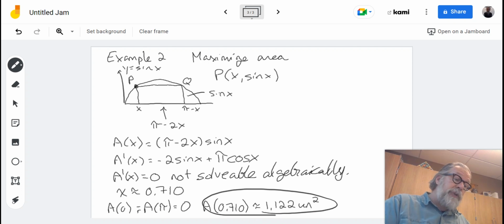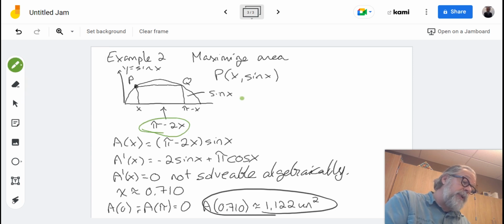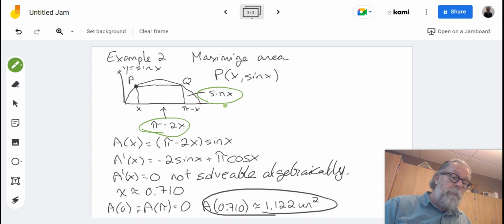And the dimensions of the box, if we are asked for them, we're going to just plug 0.710 back into pi minus 2x and into sine of x to get the dimensions of the box.